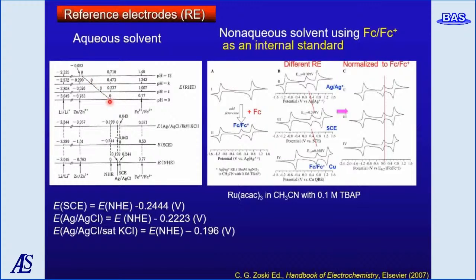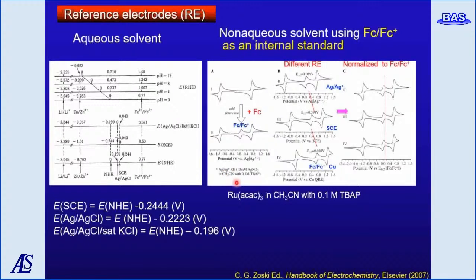In the case of non-aqueous solvent, Ag plus in acetonitrile is often used, but ferrocene is used as an internal standard and measured together with Ag as a reference electrode.